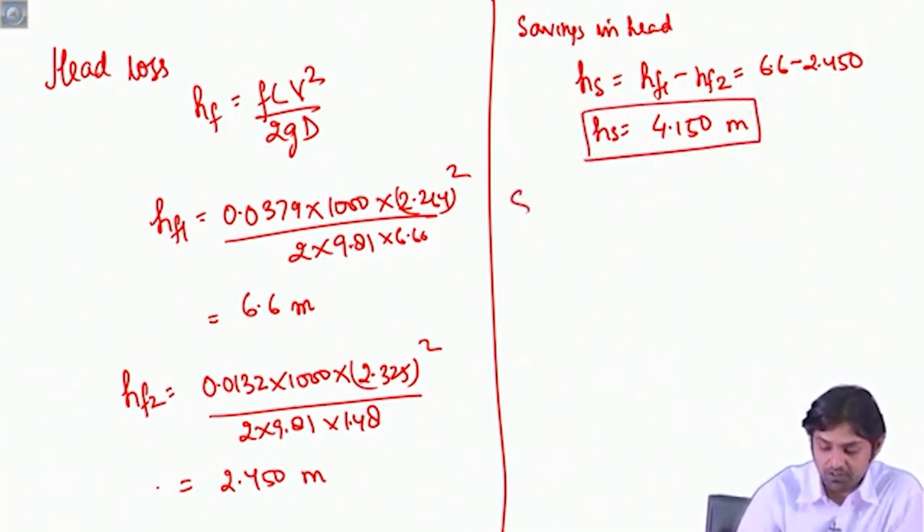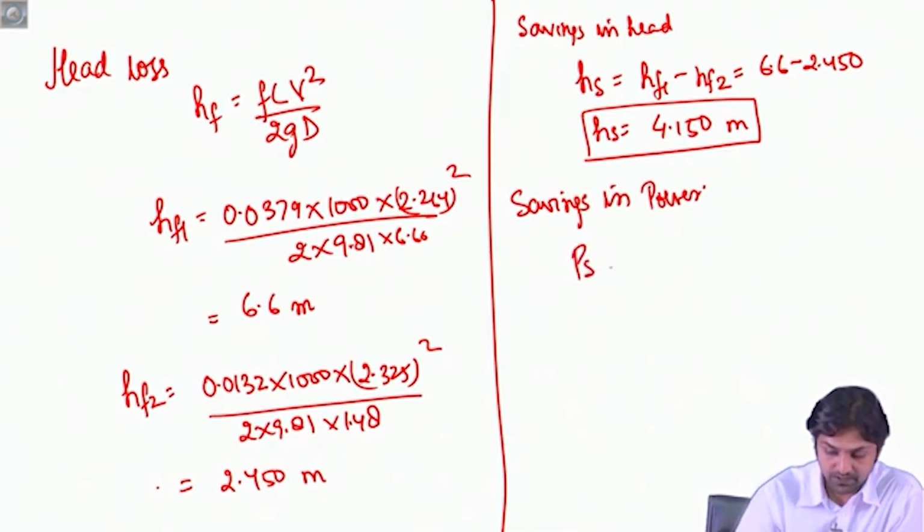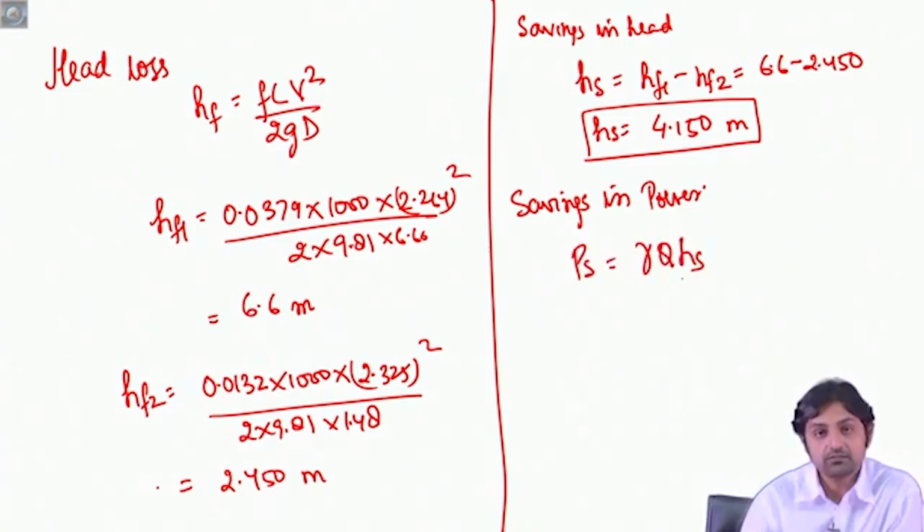Now, for power, savings in power would be nothing but gamma Q HS, right?